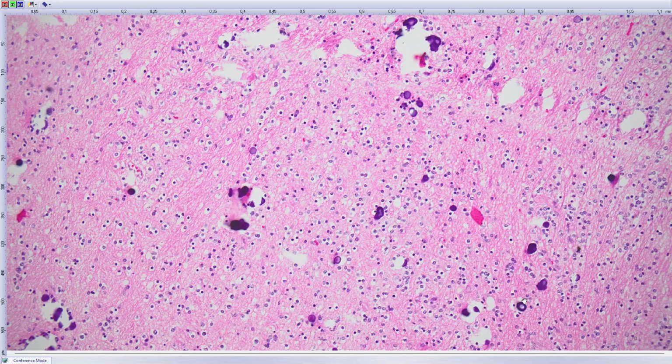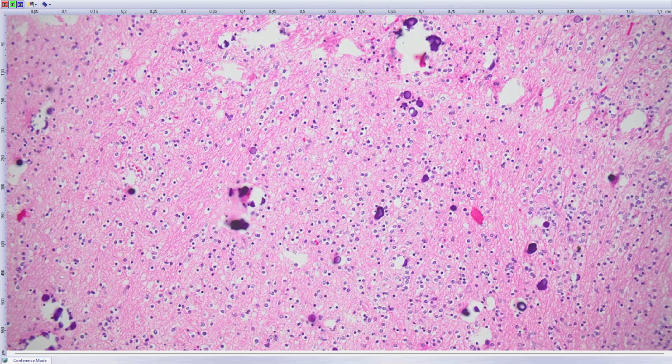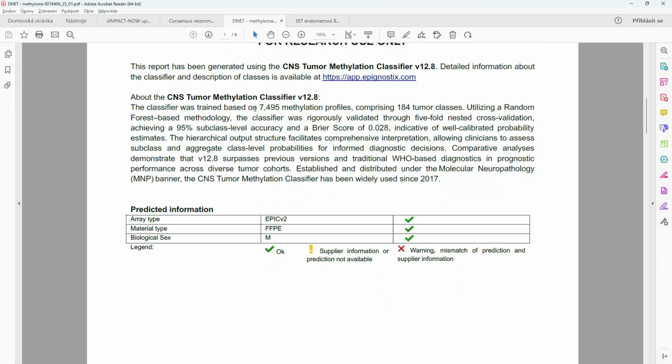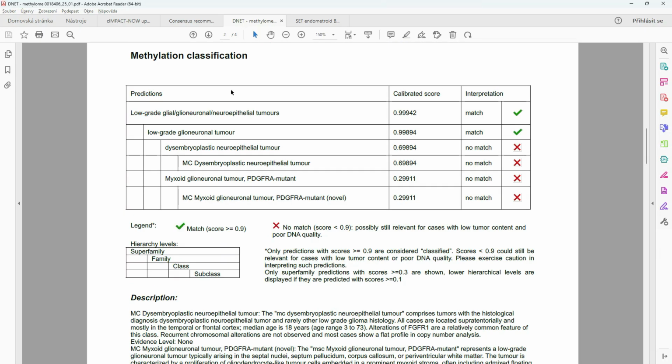So it's not oligodendroglioma. So we performed methylation profiling, this Heidelberg classification, which is now called epignostics, and it came back as a low-grade glioneuronal neuroepithelial tumor category, and the first subcategory was dysembryoplastic neuroepithelial tumor.